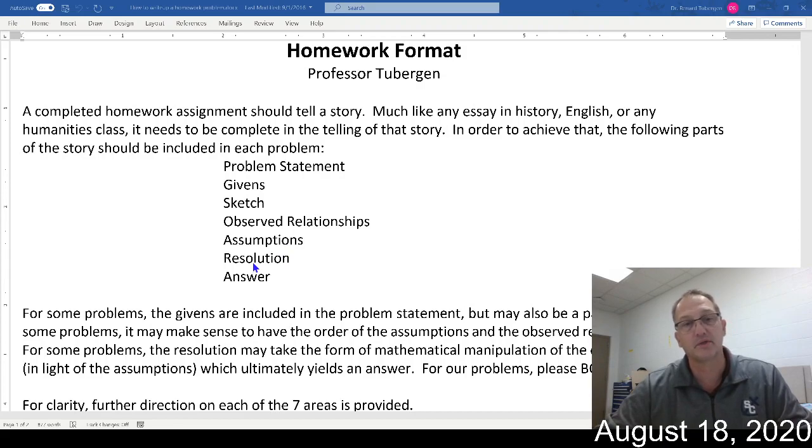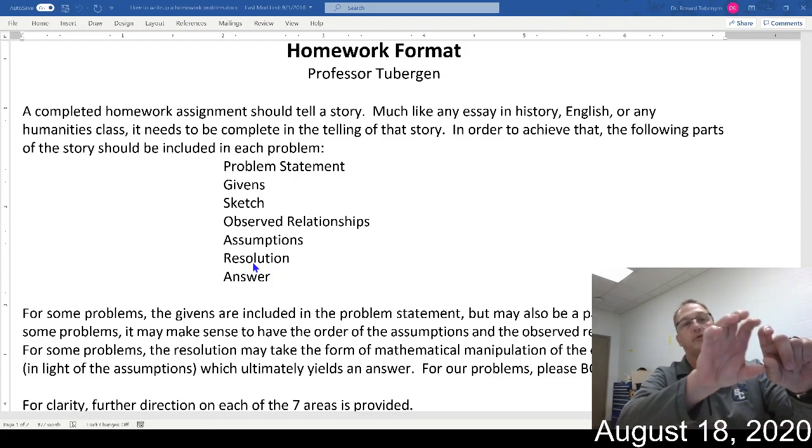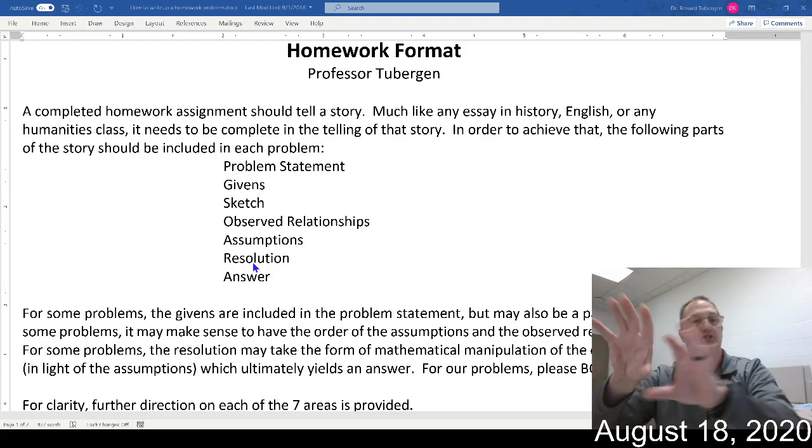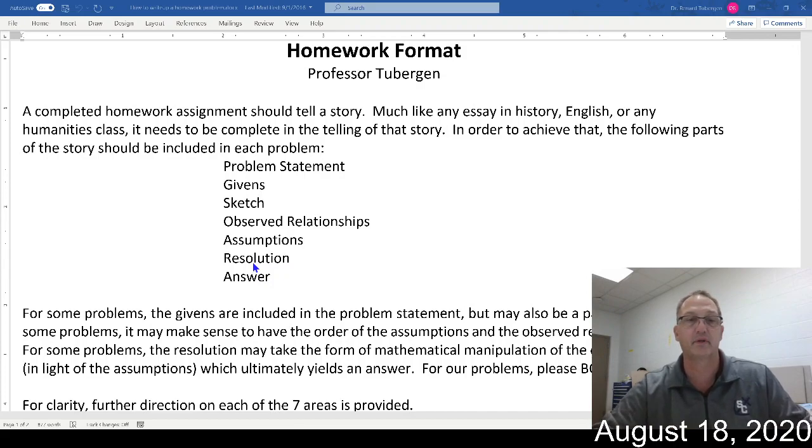And then I think we have to work towards a resolution, where we are doing algebra, where we're taking that observed relationship and converting it down so that we can come up to, this is what I'm looking for, and it equals something with units, with everything else. And lastly, there's an answer that tells us what we need to know.